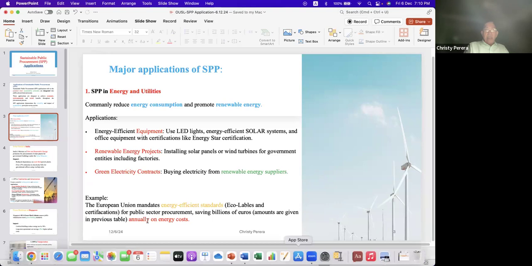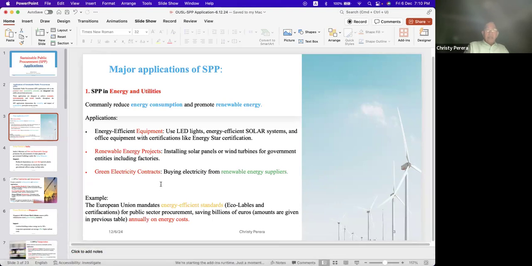Green electricity contracts. There are some contracts called green electricity contracts. That is, I told you, some private people are having small turbine units in the river areas.